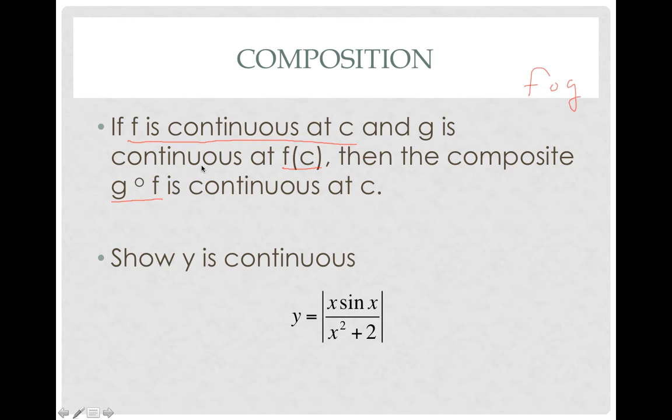And here's a beautiful example of this. I want to show that this function is continuous. So first I want to show that it's the composition of two functions. And I can do that by saying, let's call g of x the absolute value of x, and let's call f of x the leftover stuff.